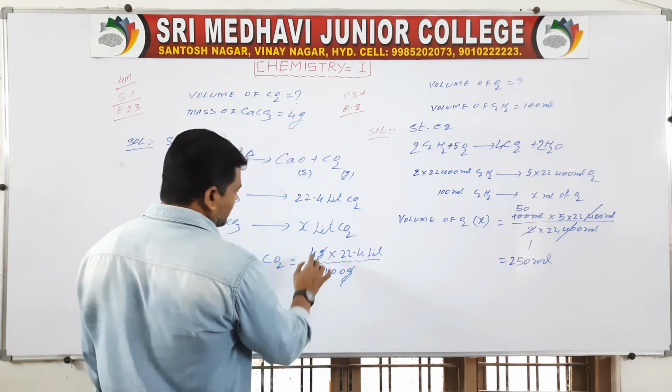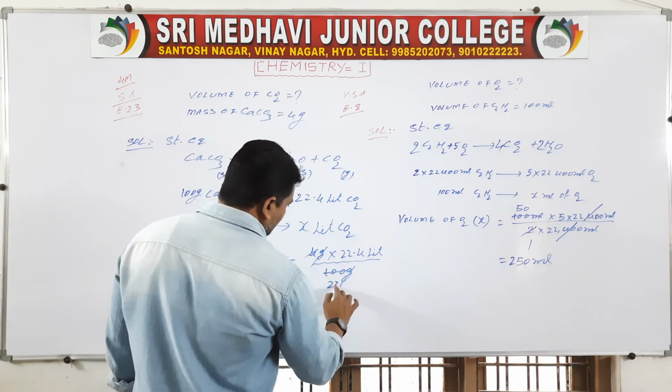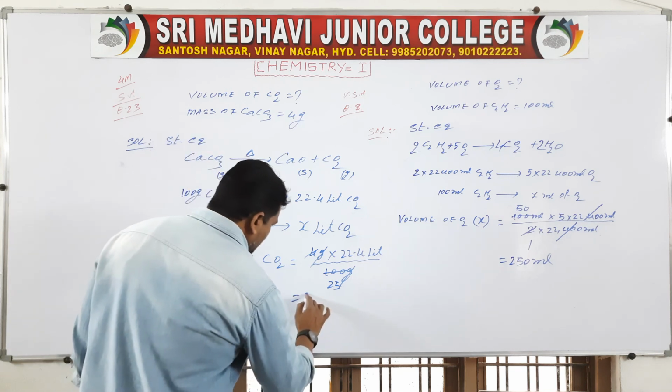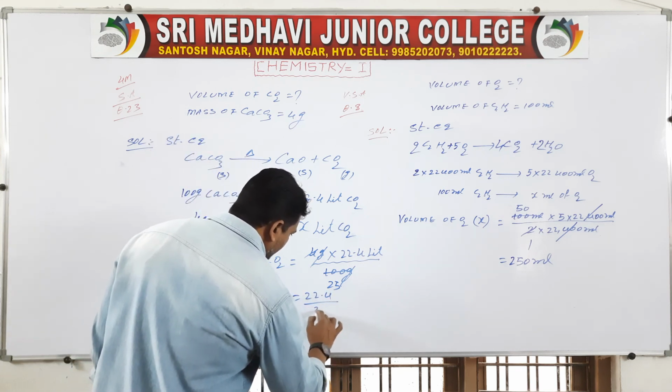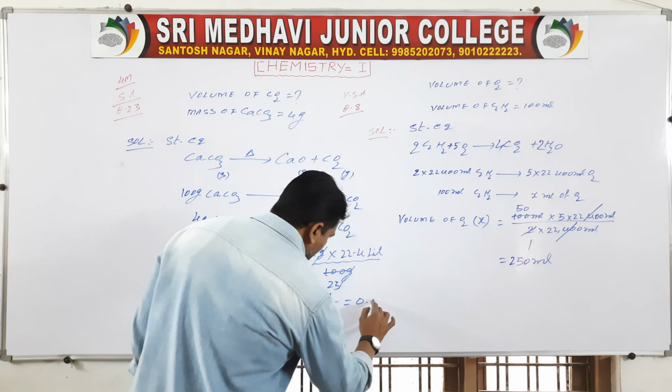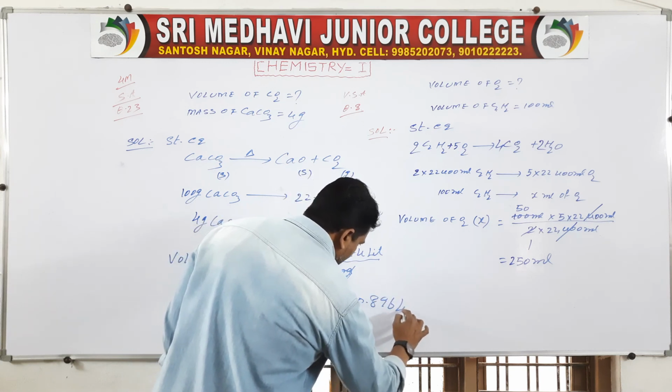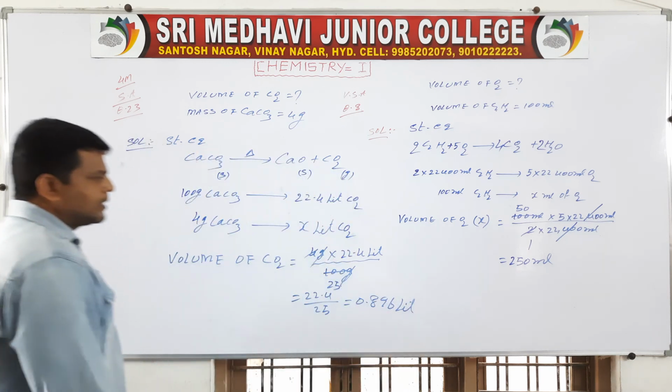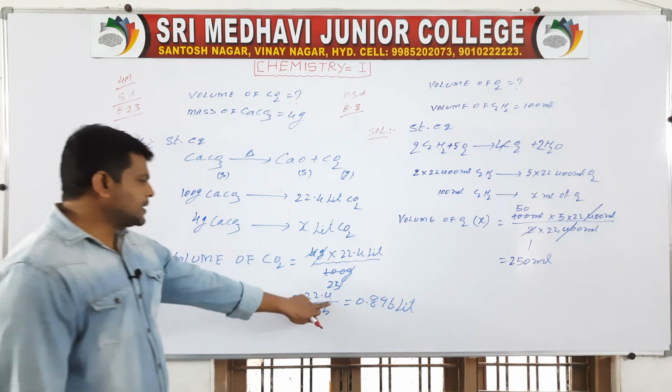Grams cancel. 4 ones are 4, 25s are. So 22.4 by 25 means 0.896 liters. This is the volume of CO2.